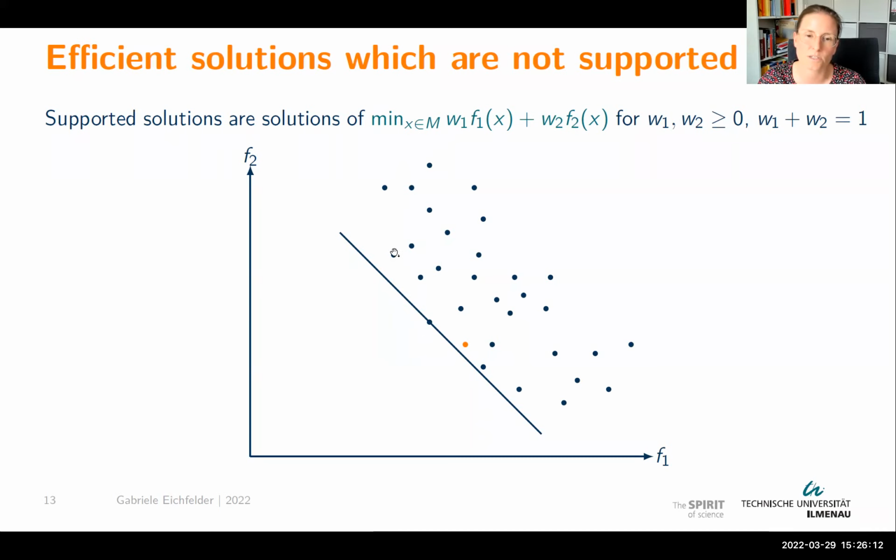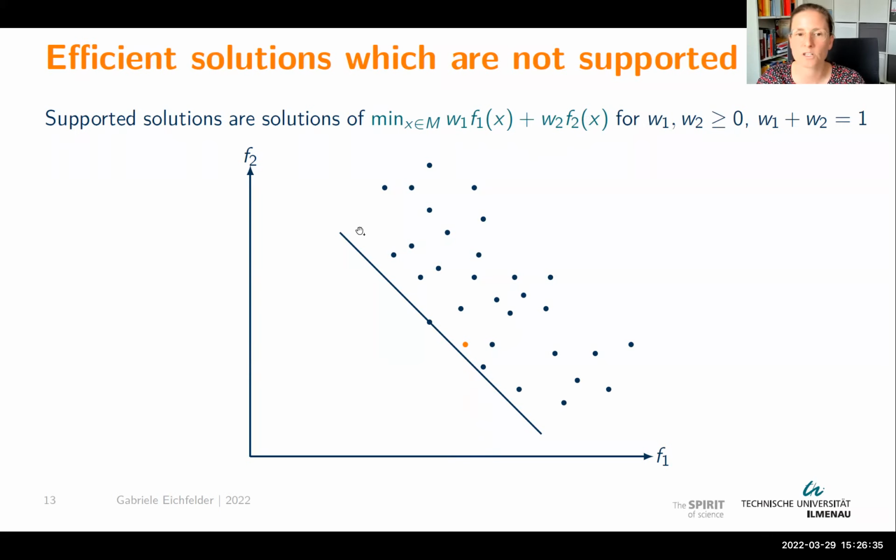For instance, this point here is an image of an efficient point, and that point too. The orange dot is also an image of an efficient point, which might even be exactly the bike you want to buy in the end, because this is exactly the price-weight combination you favor most. And now, what's happening with finding supported solutions, where we minimize such a weighted sum of the objective functions?